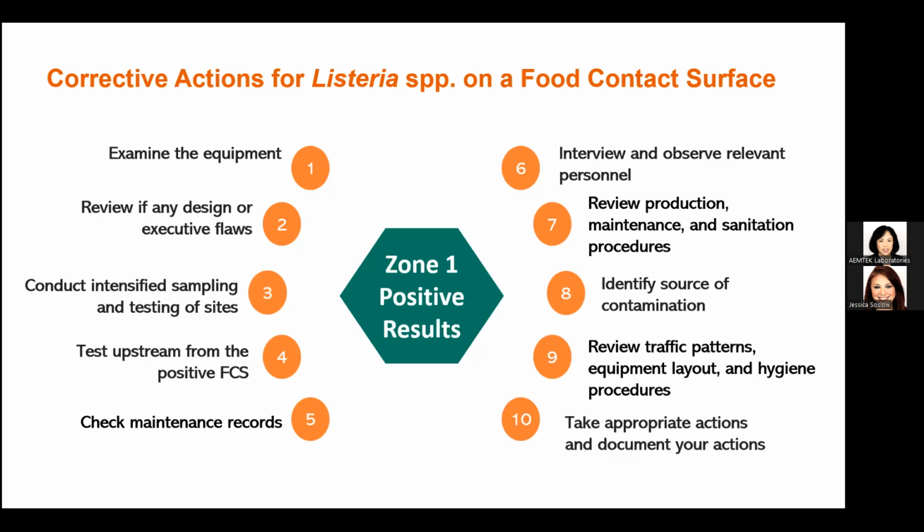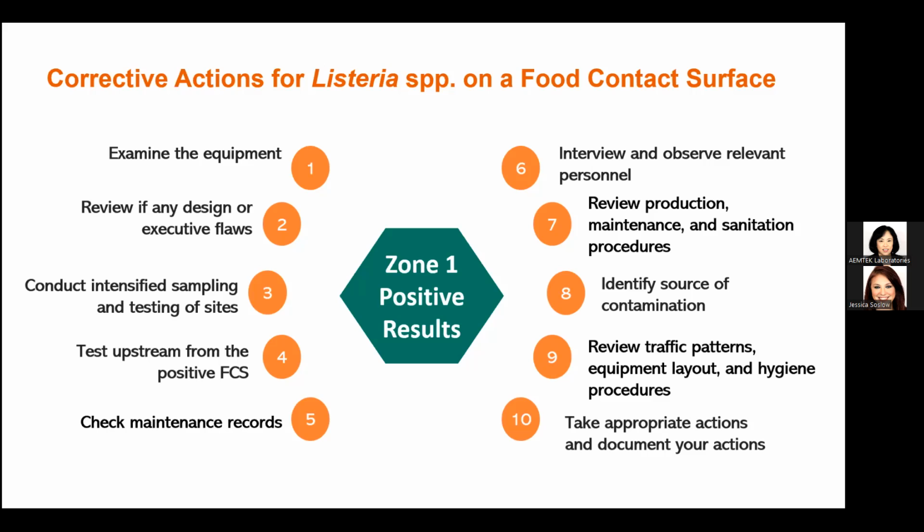You want to examine the equipment, review if there are any design or execution flaws, and review your HACCP and the food safety plan, and conduct intensified sampling and testing of the sites that represent a potential source of a pathogen, collecting samples several times during the production to identify the source of contamination.